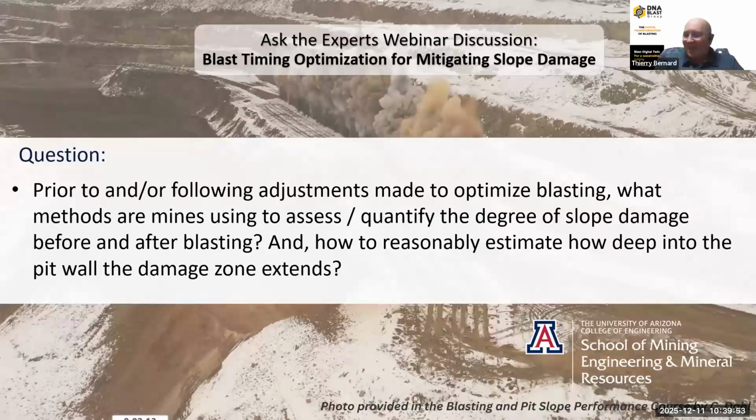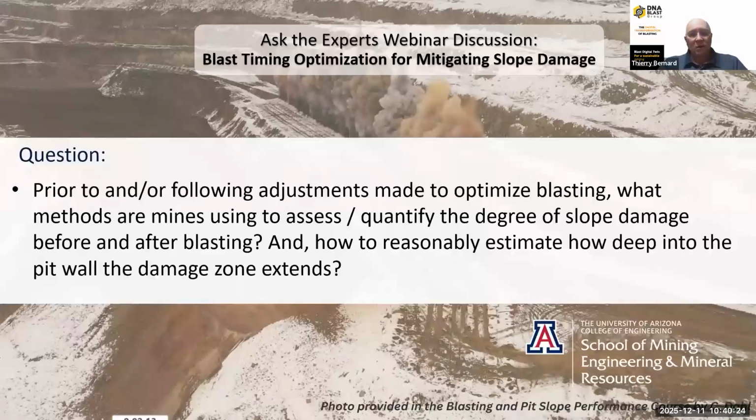Okay, I can start. I see two ways of doing that. The first one is to use cross-hole tomography. You drill holes on the slope and you do tomography and measure the P-wave velocity in between the holes, and you see where the P-wave velocity is decreasing or where it stops decreasing and you're reaching the full rock mass.